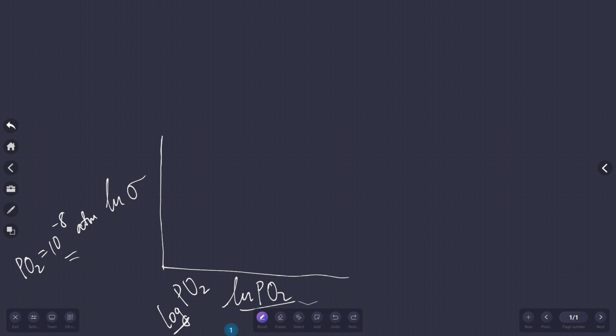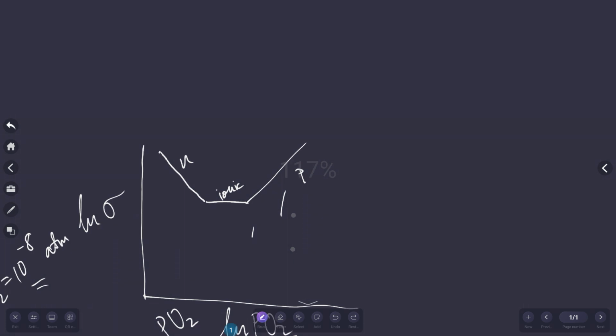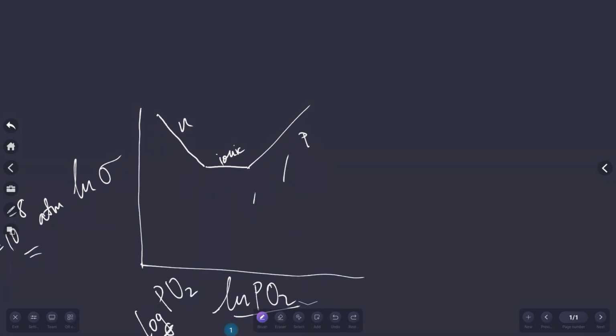Anyway, this material with a differential defect will behave like n-type, and it will go through an ionic region and then move on to p-type. This is interesting. It's saying that if you expose your material in this range, then it will be ionic.